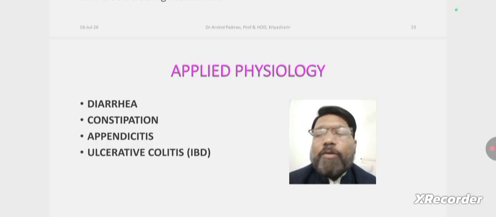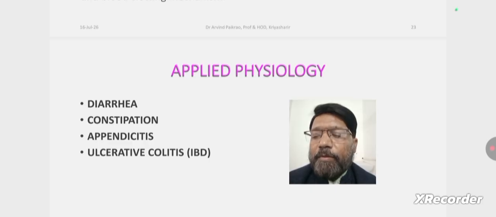Then constipation, it is very important. Constipation is one of the symptoms which can be caused by many diseases. It is a symptom found in many diseases like diabetes and others. Constipation means difficulty in defecation.